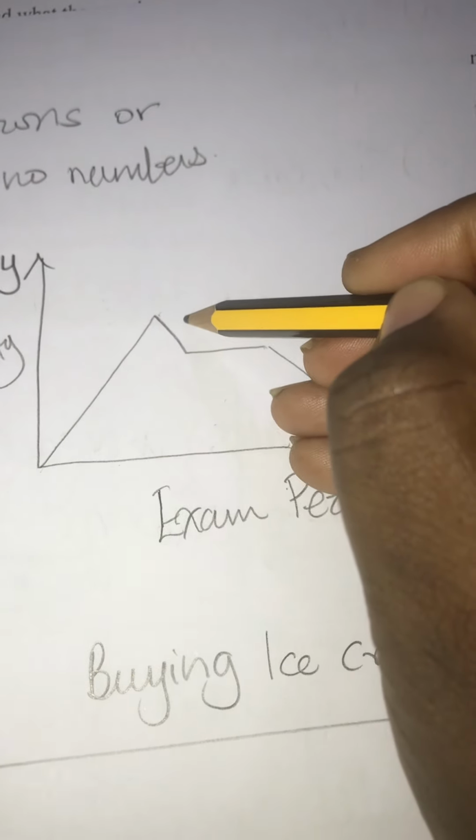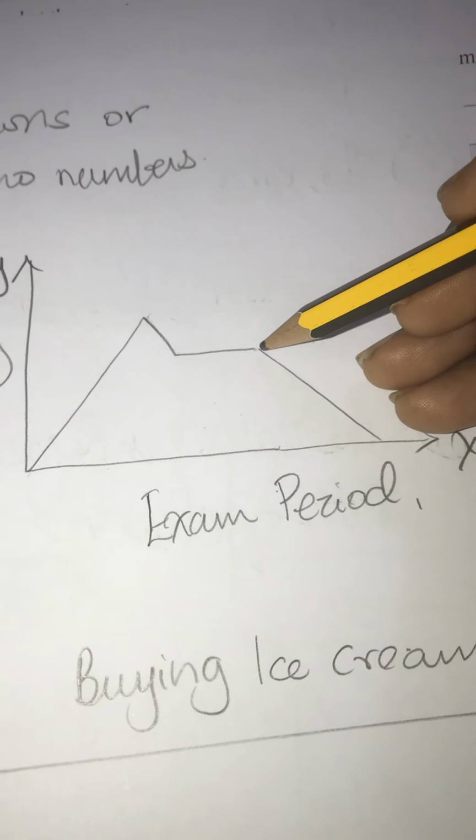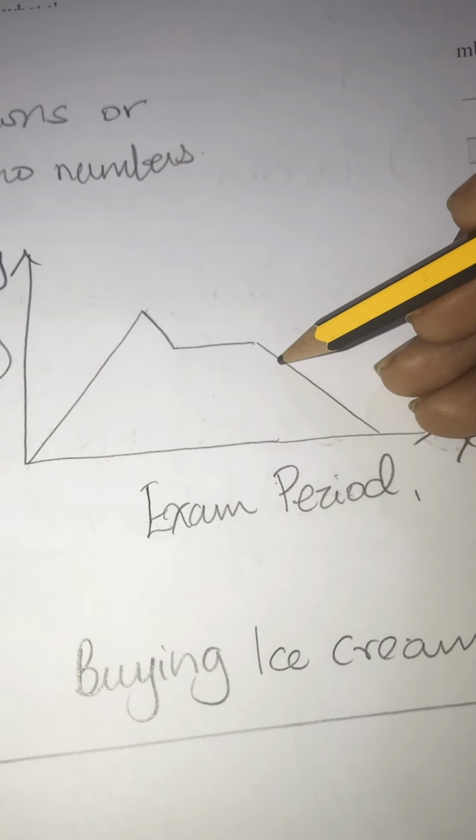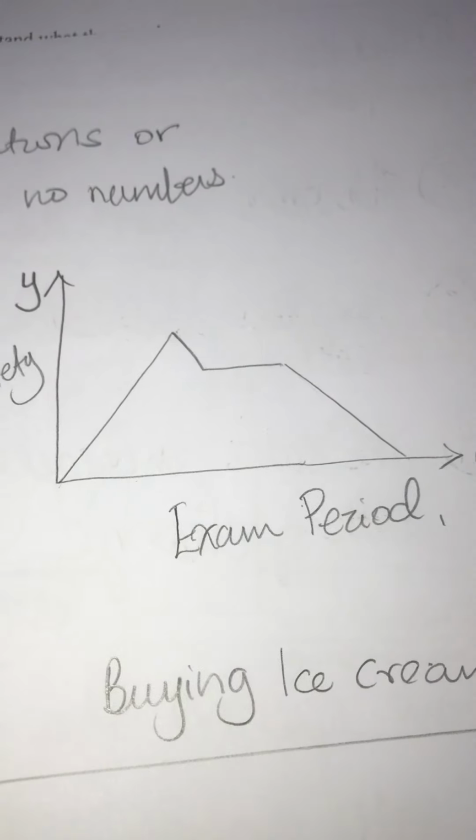You got the paper, you read the questions, it started decreasing. As you're answering, it stayed the same. And as you notice that you can answer all the questions correctly, then your anxiety levels went back to normal. So you can draw like that, you can draw like this. So it depends with you.